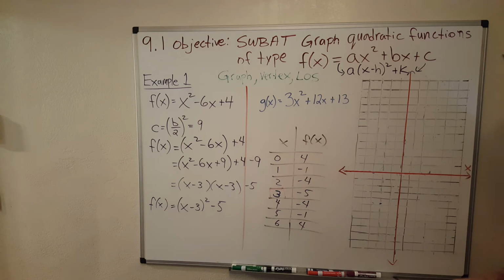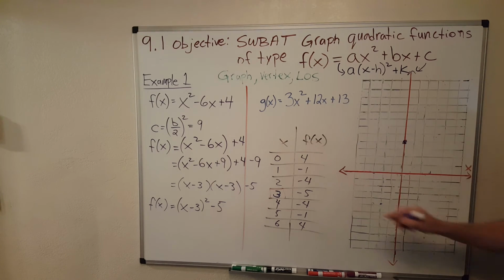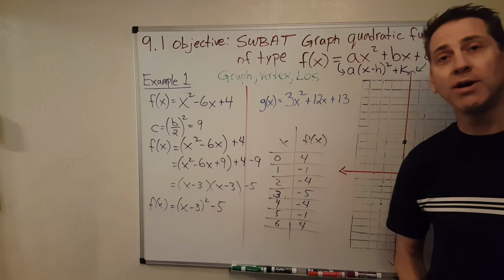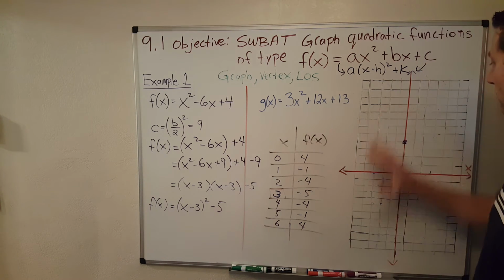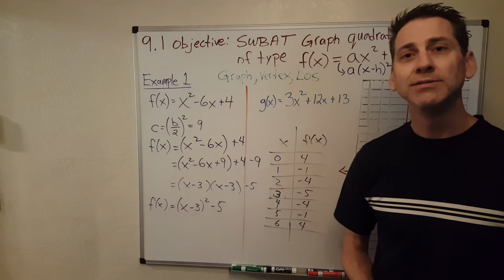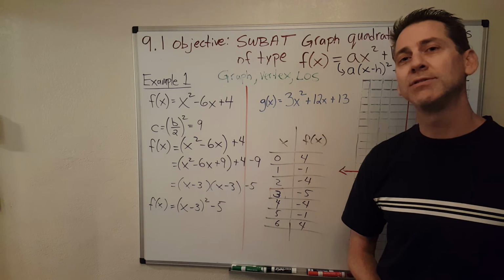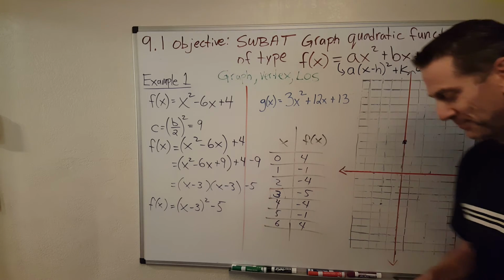All right, so 0, 4. So x equals 0, 1, 2, 3, 4, f of x equals 4. 1, negative 1. Matter of fact, why don't you do this? Pause this video and get yourself a little coordinate grid system and see if you can graph this parabola.